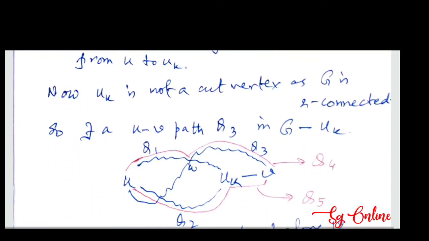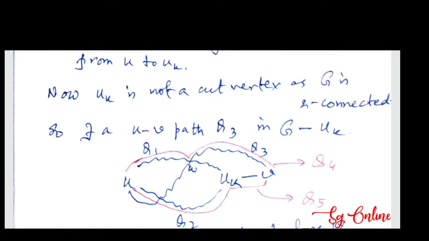Now we make the argument that since G is two connected, uk cannot be a cut vertex. So uk is not a cut vertex since G is two connected, and so the graph G minus uk is still connected, and in the graph G minus uk both u and v are present.